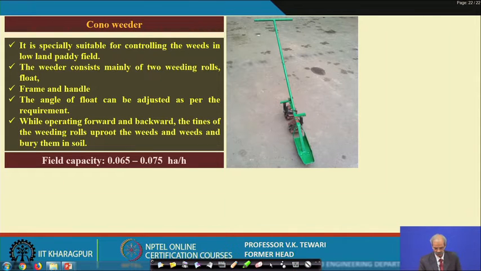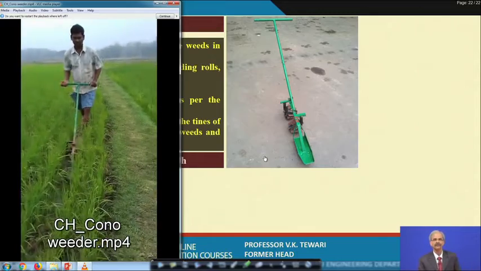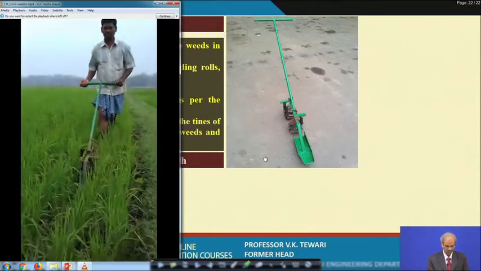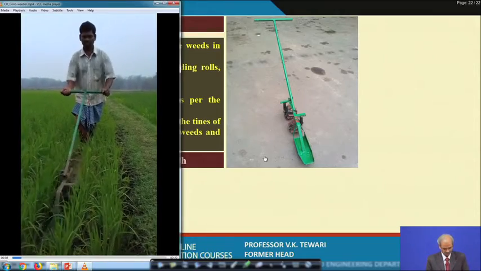Now, let us see how it operates. Have a look at it, you can see how it is operated, push and pull, in the actual crop condition.